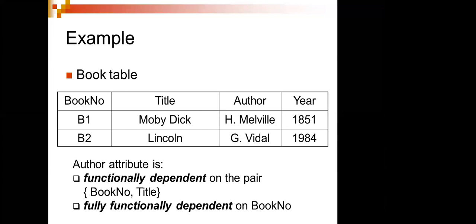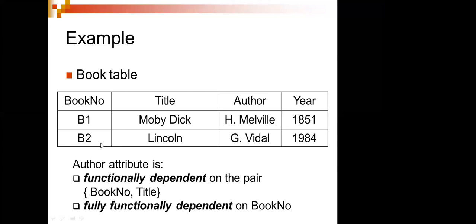So there is something called the book table entity. Book will have a number as an attribute, and it will have a title, an author, and a year of publish. So like this, we have some data. Now, how can I say it's a functional dependency? Author is an attribute, functionally dependent on the pair. Who has written this book?